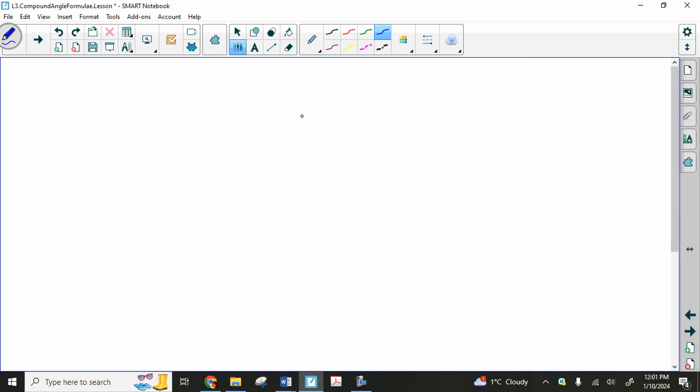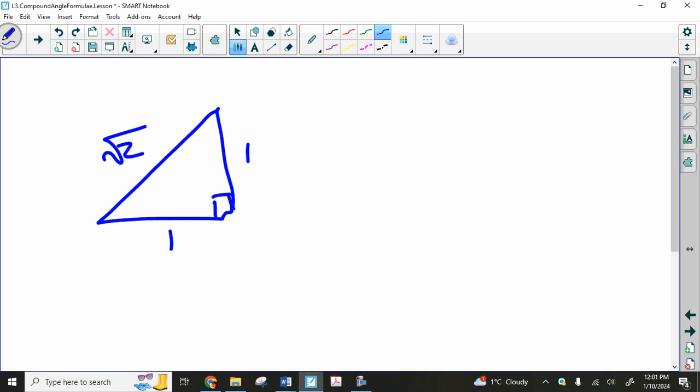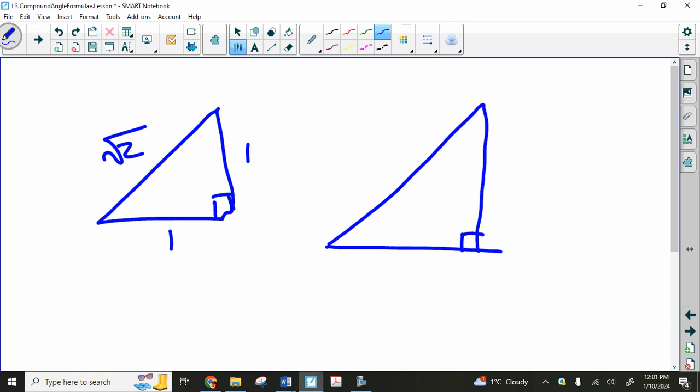Oh, what are my triangles? There's one triangle, that's 1, 1, root 2. Then there's another triangle. These are obviously not to scale. So that's a 45, or I believe it's pi over 4, right?